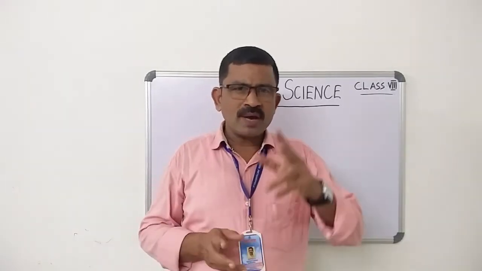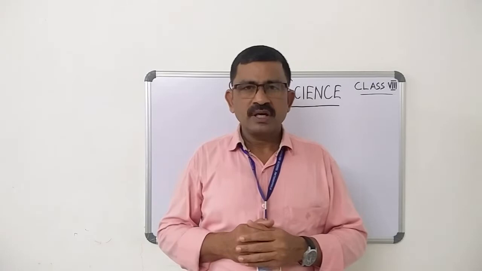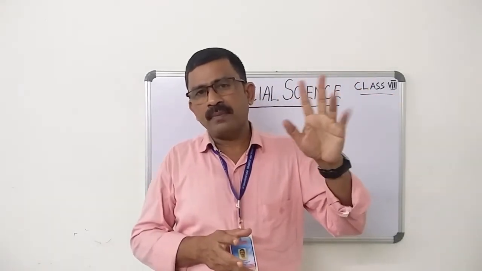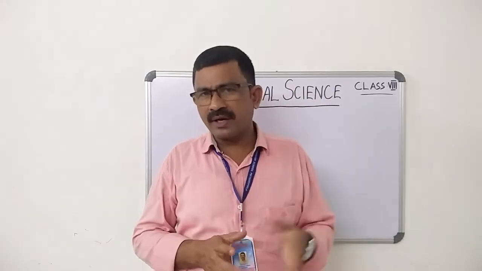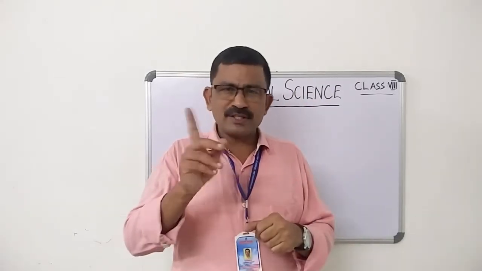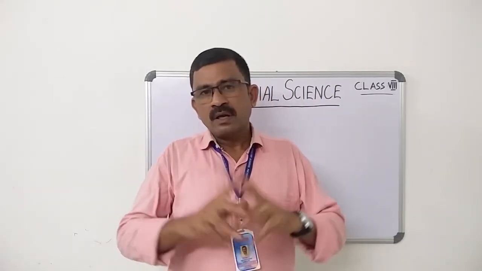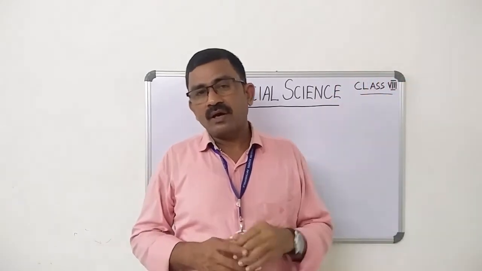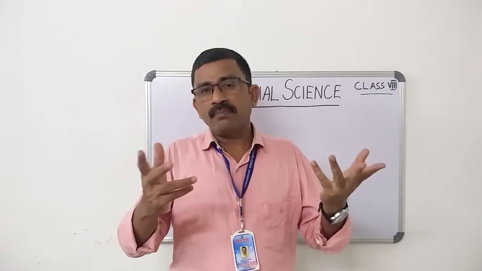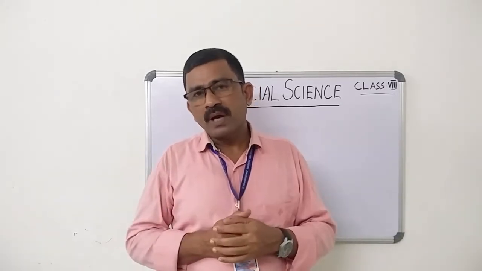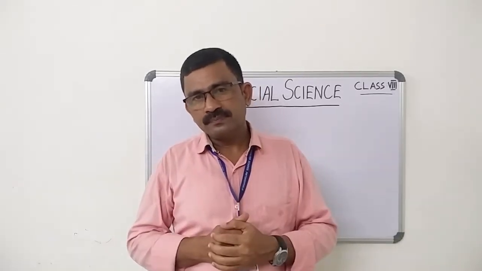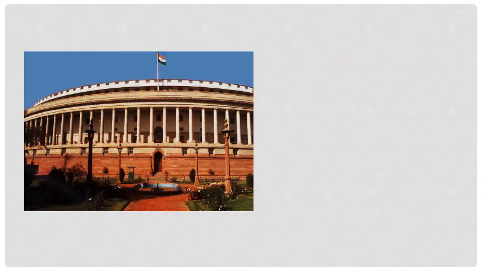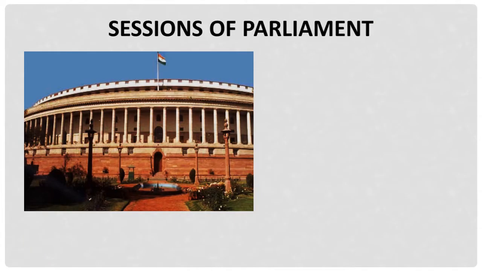Now, you may have some doubt. Are the elected members sitting in Parliament and making decisions every day? No, it is not like that. If they were making decisions every day, how could they meet the public? Now let's see how they meet in Parliament. Sessions of Parliament.